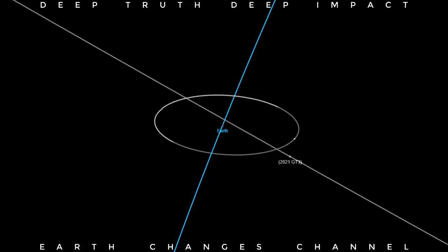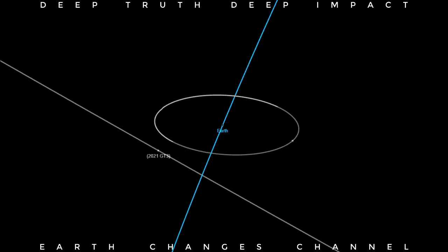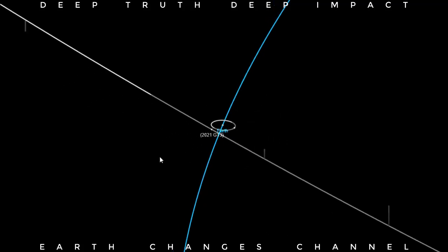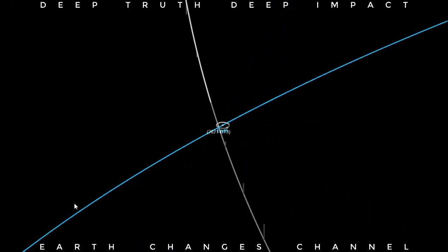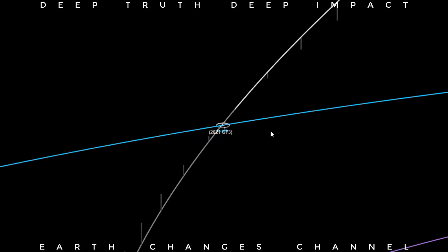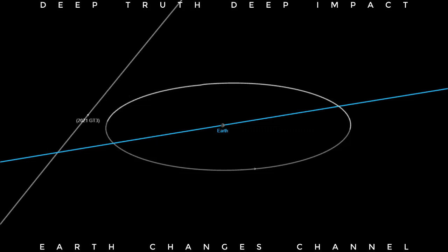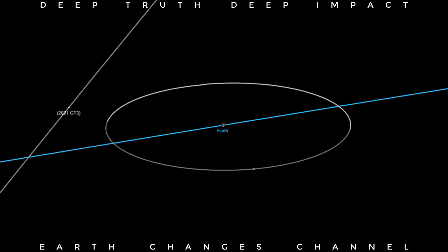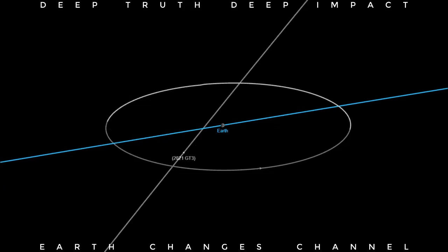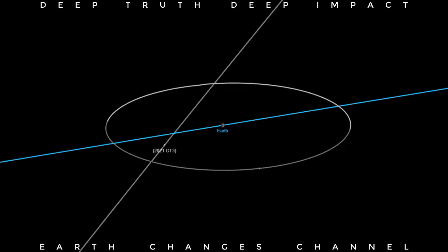Now they're calling this 0.7 lunar distance. I'm going to back it out again, change the angle in case we're missing something. There you go. So I'm going to step it back, and that's approximately 0.7 lunar distance.